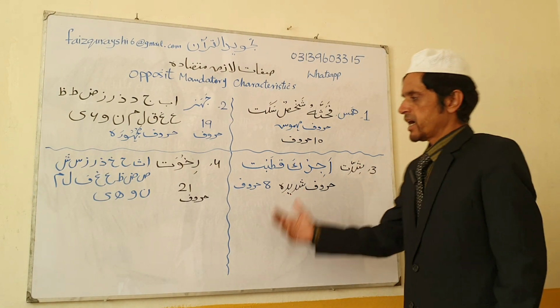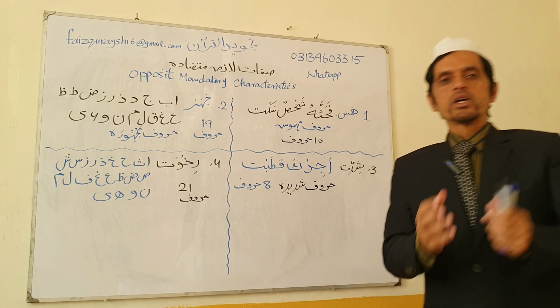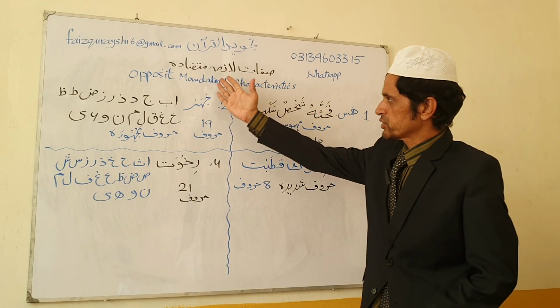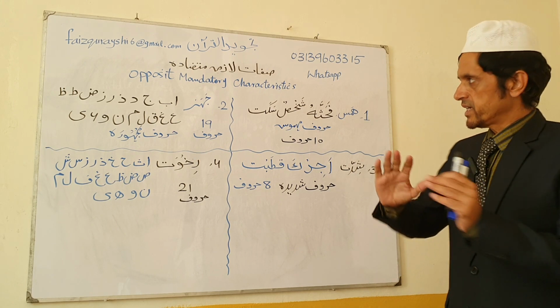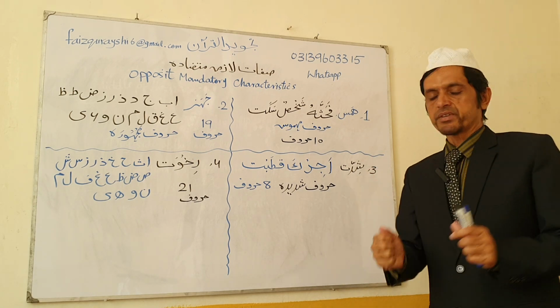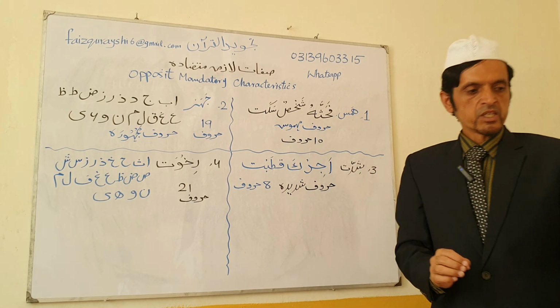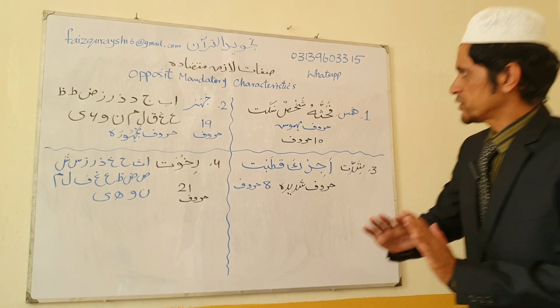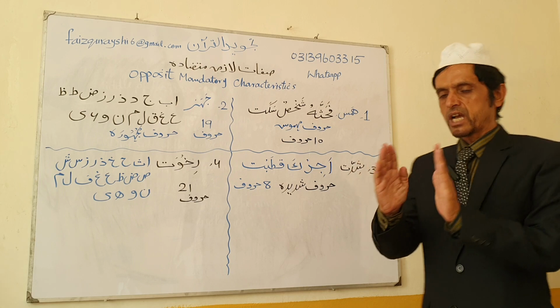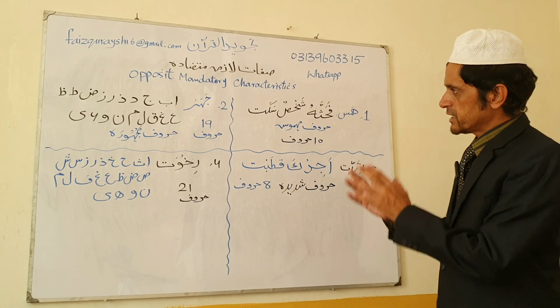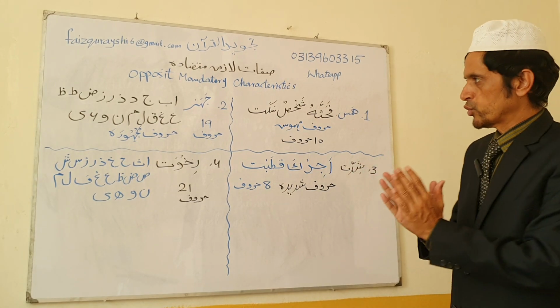So now here I'll teach you Sifate Lazma Mutawada. We have basically 10 Sifate Lazma Mutawada. It means that we have divided all these 29 letters into two groups.